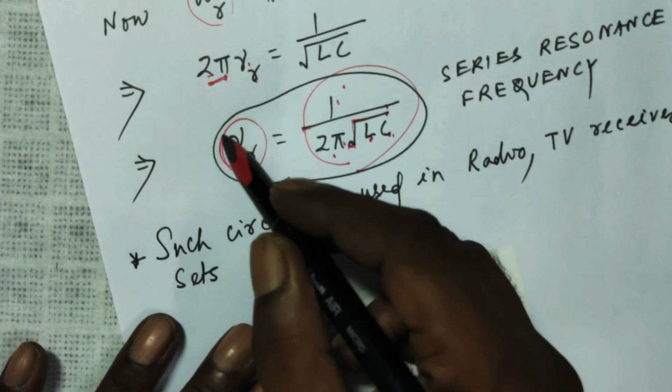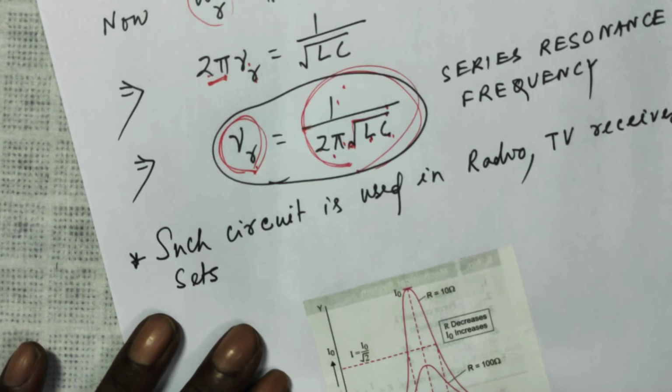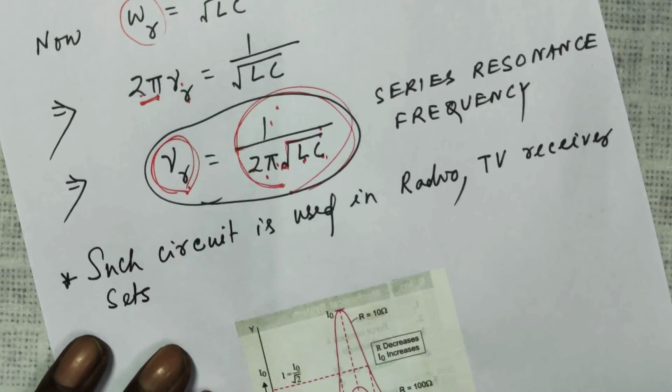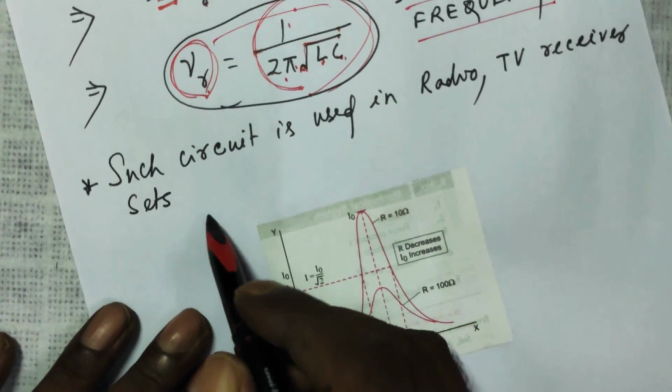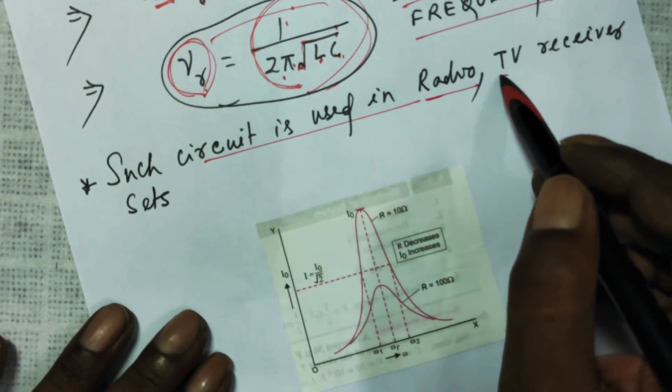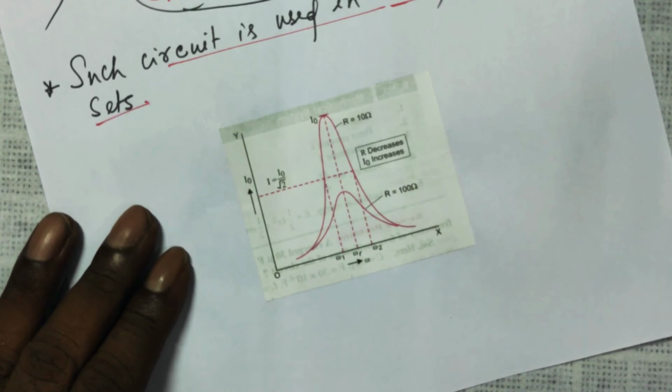If the frequency of your source is that, source means source of EMF that you are applying, then the circuit draws maximum current. This frequency is called series resonant frequency. And such a circuit is used in radio and TV receiver sets to get better reception.